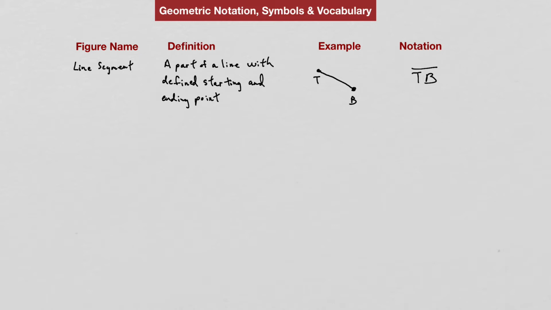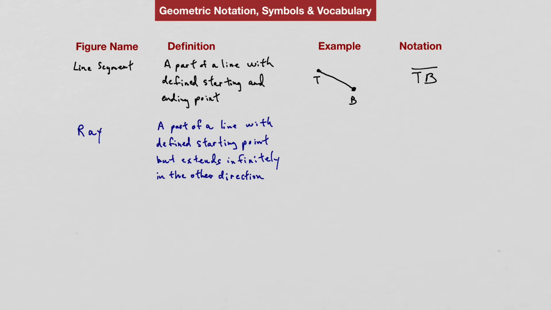And then lastly, we have a ray. A ray is defined as a part of a line with a defined starting point, but extends infinitely in the other direction. Here's an example.